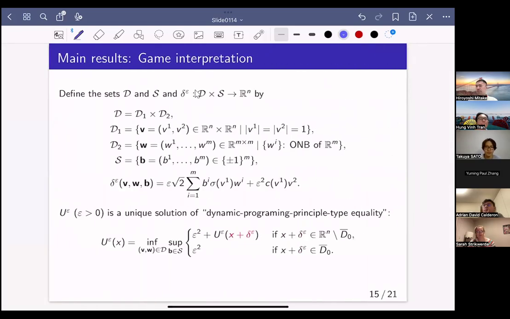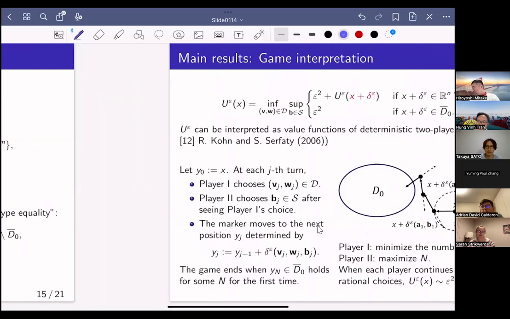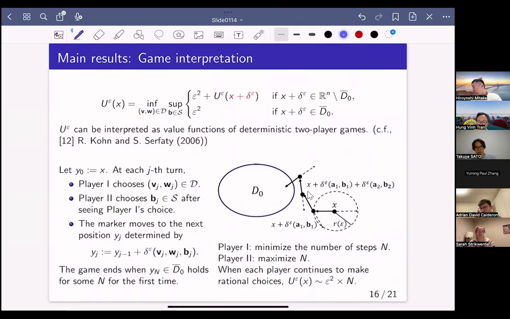And here the strategy set is this set of vectors and a set of signatures, and we fixed the transition rule delta epsilon by using this form, where sigma and c are given functions. u epsilon can be written by using this dynamic programming principle, and it means this deterministic time game, whose abstract rule is the same as the Kohn-Serfaty game, but we changed the rule of transition delta epsilon to adjust to our equation.